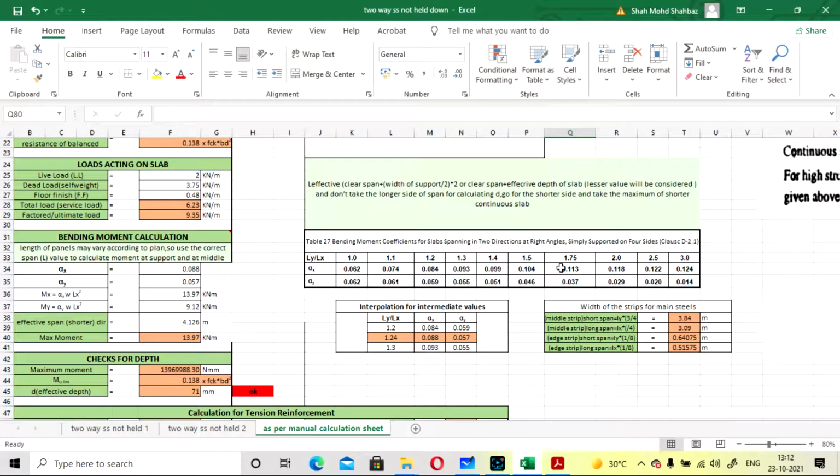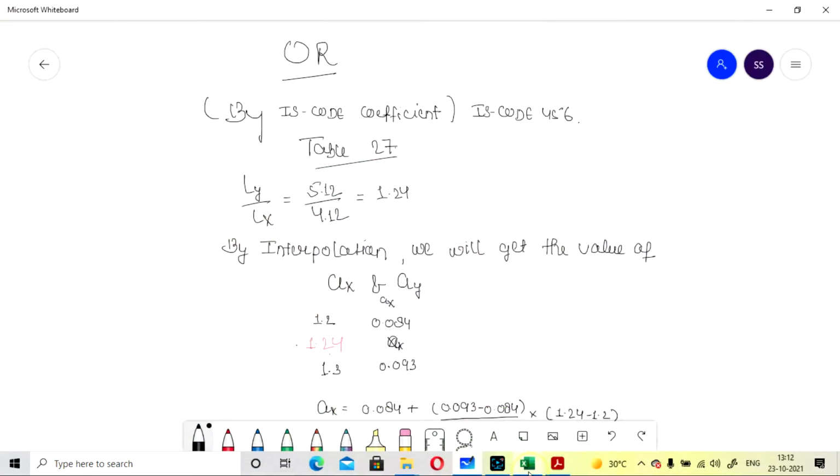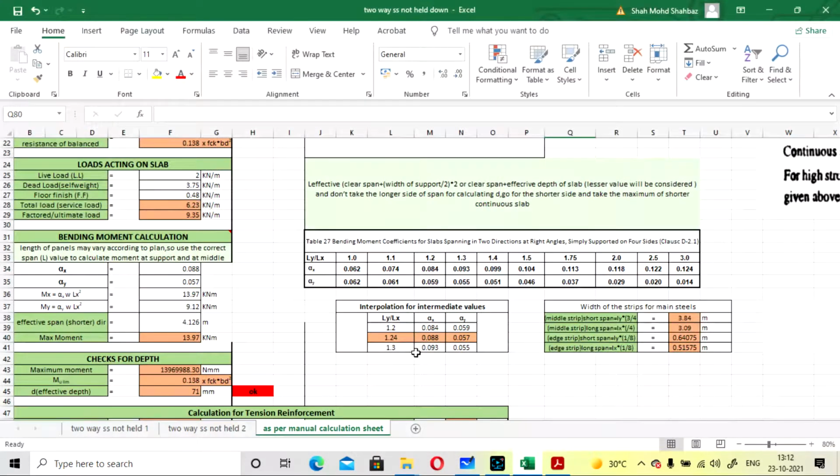So this is a table that is given in the IS code. Our Ly by Lx is coming as 1.24, so it will be between 1.2 and 1.3. In Excel I have already inserted this formula, so you can just insert the value for the interpolation and get the result.